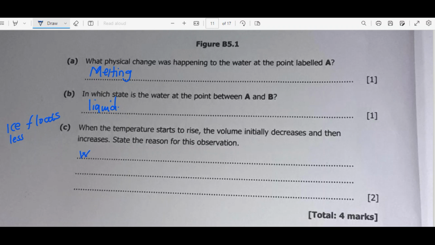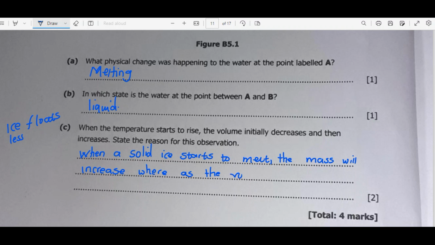So we'll say when a solid, ice, starts to melt, the mass will increase, whereas the volume will decrease. So the volume will decrease. So that is the first one.